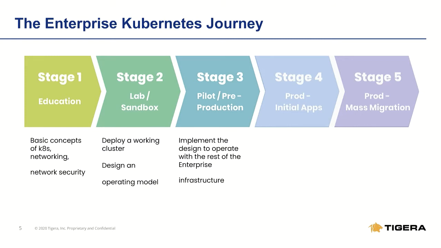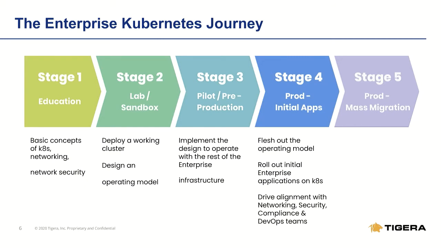And at the end of stage 3, what we typically see is that whoever's championing this project will go to their management team and ask for budget and ask to create a real initiative to push Kubernetes out into more of a production type application.